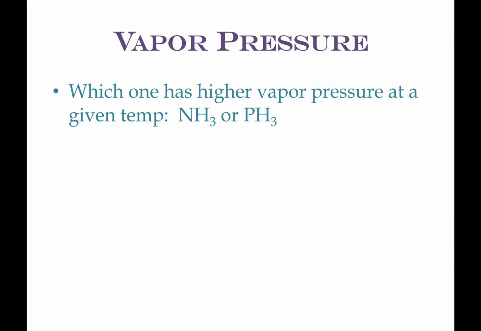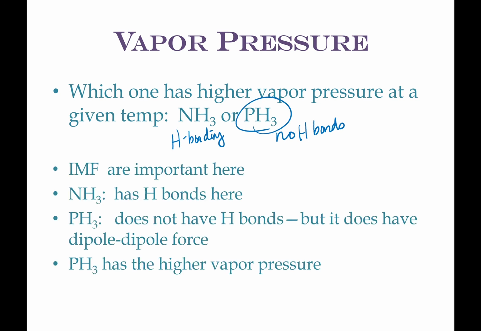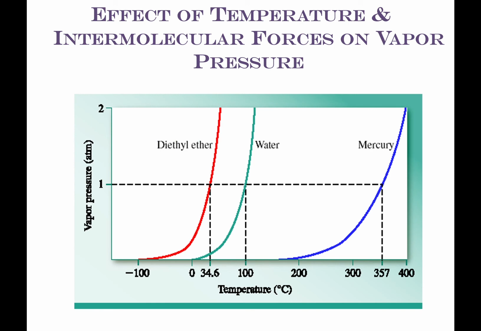Okay, which one here? This one has hydrogen bonding. This one does not. So this one would have the weaker intermolecular forces, so it would have the higher vapor pressure. Make sure you pause this to do this. If you haven't been doing so, pause it and go and do those ones.